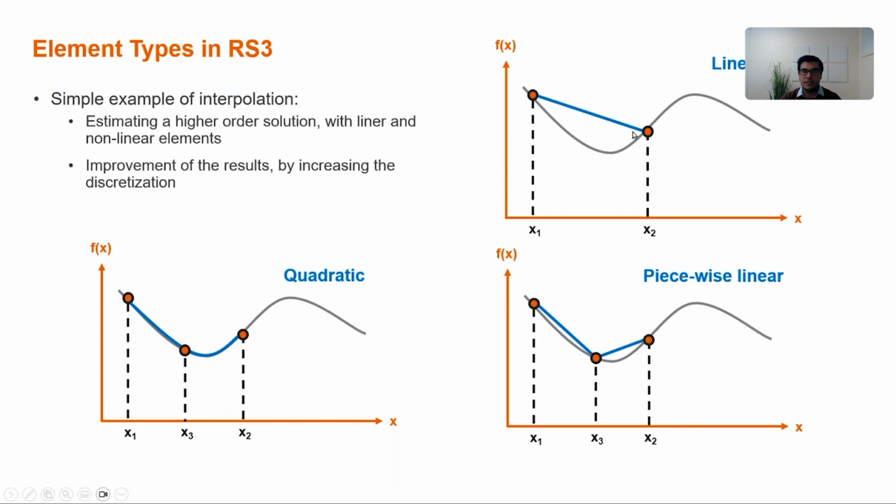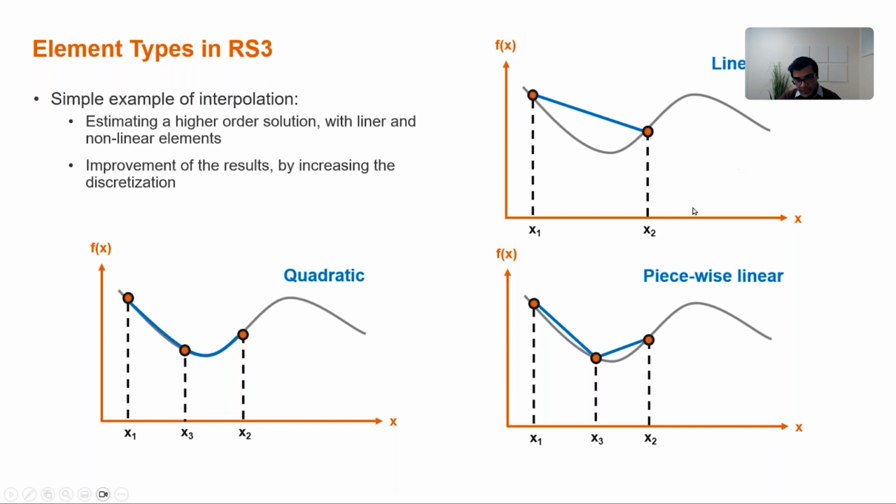Because displacement is interpolated linearly between these two, you can see it can create a very large error, and the results are not close at all to the actual solution. But when you use quadratic elements, we are introducing a third node, x3, which is located between x1 and x2, and displacement is not interpolated linearly anymore. So the results can be matched better with the actual solution.